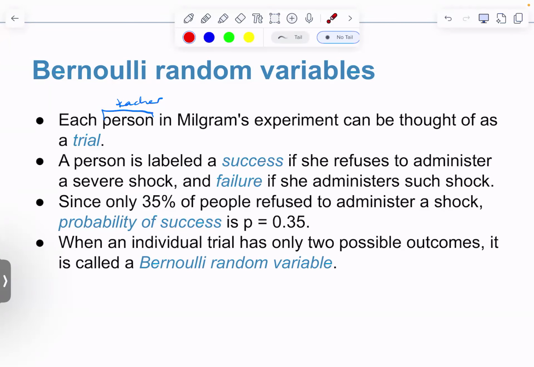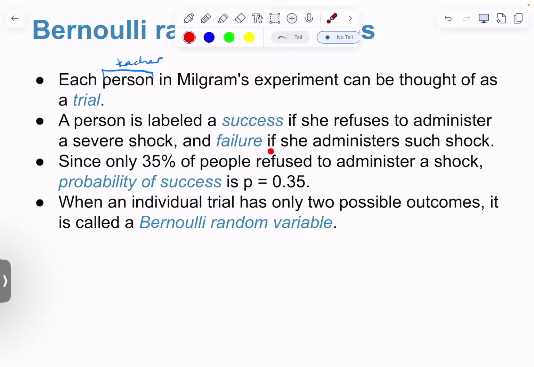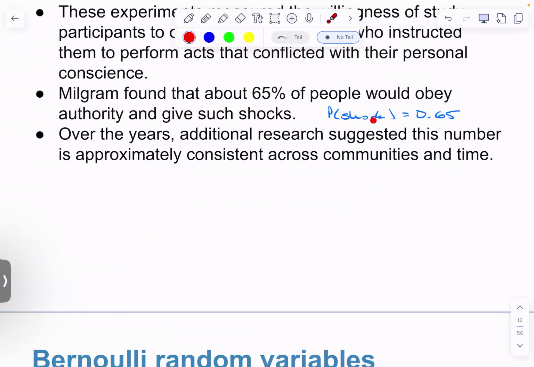Now, often a success is the thing that we're interested in. A success is getting a disease that you're studying, so a success is often kind of morbid. Here they've flipped it to be cute, I think, but a success in this case is if she refuses to administer the shock. That'll be important later. And a failure if she administers the shock. Which means that what we said earlier, 0.65, is the probability of a failure, which means the probability of success is 1 minus 0.65, just by the complement rule.